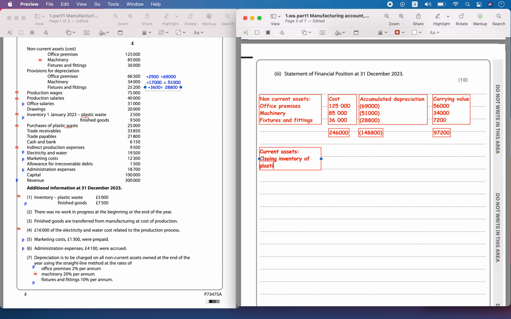The closing inventory of raw materials, which is the plastic waste, was around 5,000.